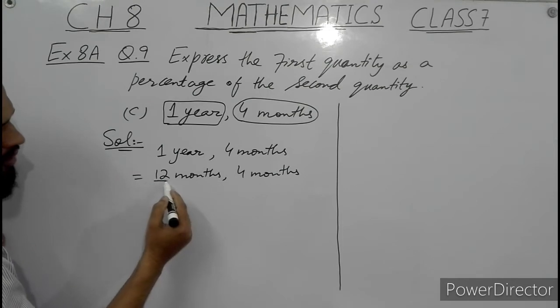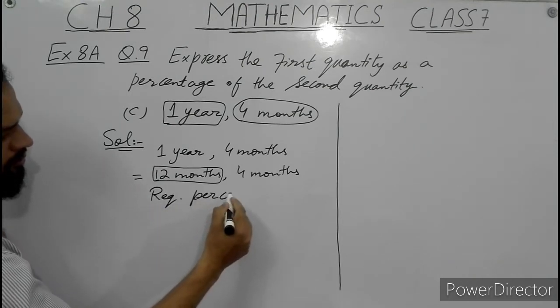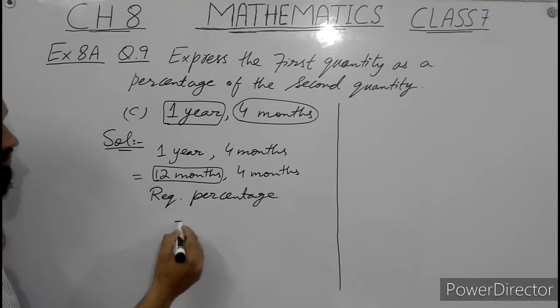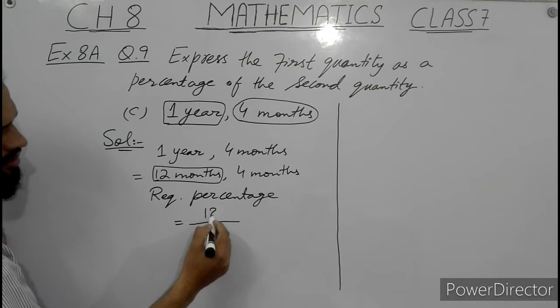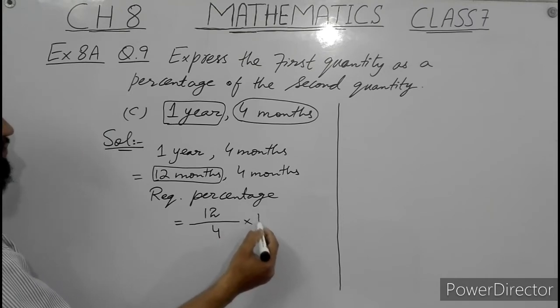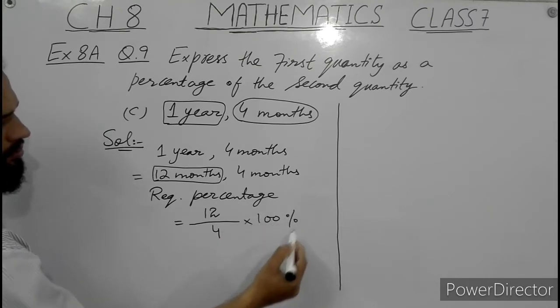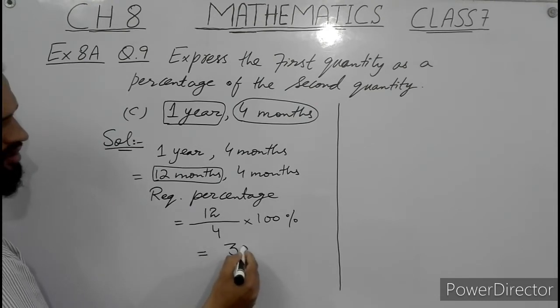The first quantity will become the numerator, and the second quantity will become the denominator. Units will be cancelled out, multiplied by 100%. By using calculator it will be 300%.